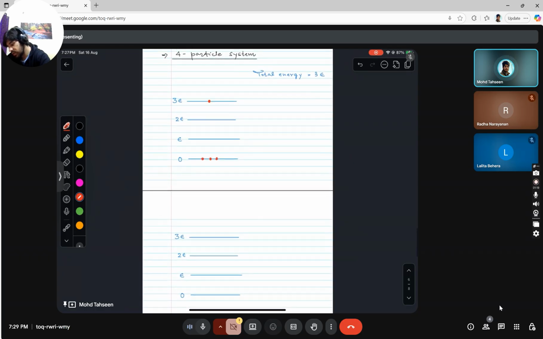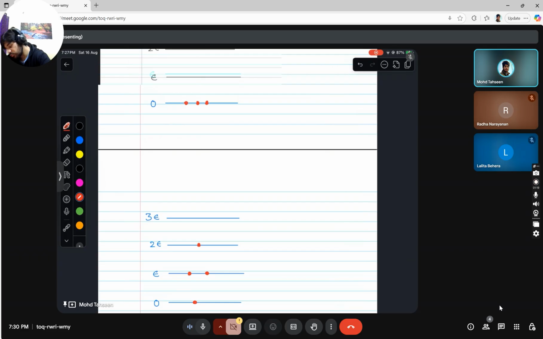So we have 4 particles. What if we put 1 here, 2 here, and 1 here? This will have the total energy of 4 epsilon.